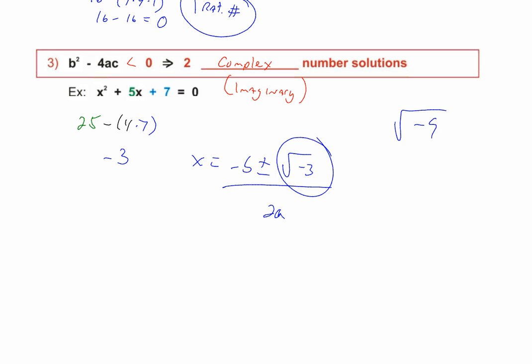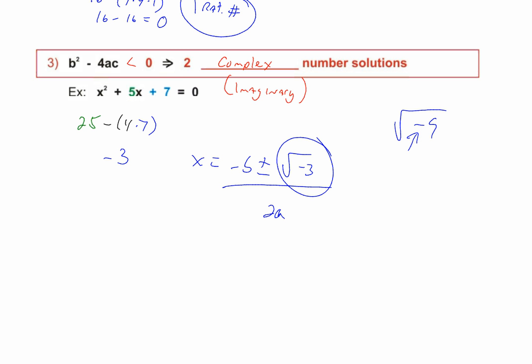Negative 3 times negative 3 is, again, positive 9. You can't take something times itself twice and get a negative, because positive times a positive is a positive, and a negative times a negative is a positive. So how do you end up negative? Well, the answer is you can't. It's an imaginary number. And we'll play with them in Algebra 2.